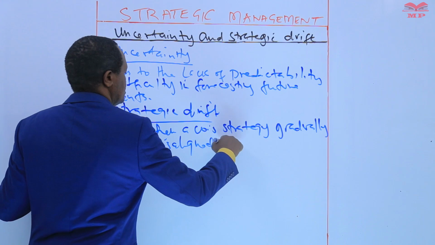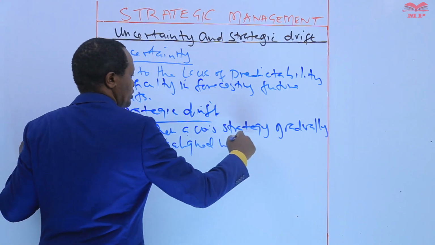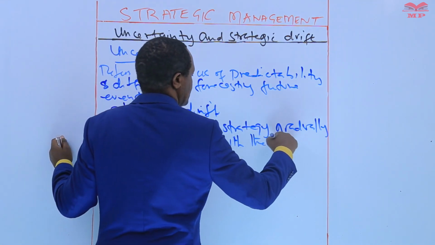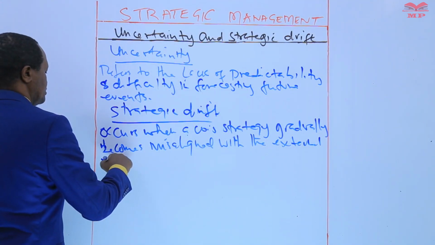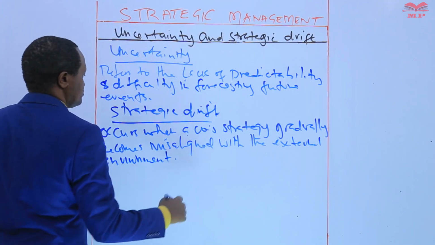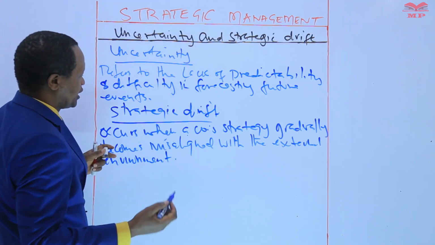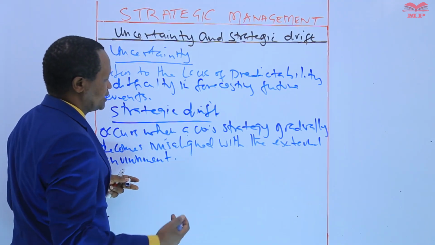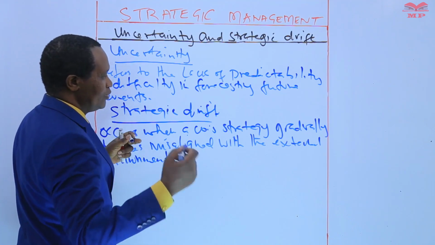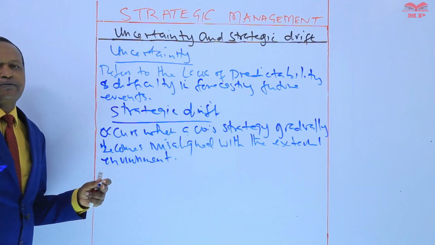Strategic drift occurs when a company's strategy gradually becomes misaligned with the external environment.